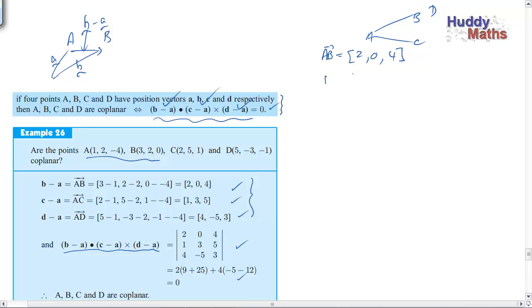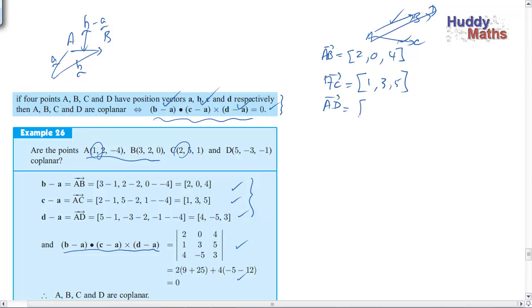So then you could do AC, and you could do any pairs here. AC is 2 take 1, etc. So it's 3, 5. And maths is the same, it's a way of thinking, that's all. AD. So you've got to define the tetrahedron with 3 vectors there. We don't know where D is, let's say.